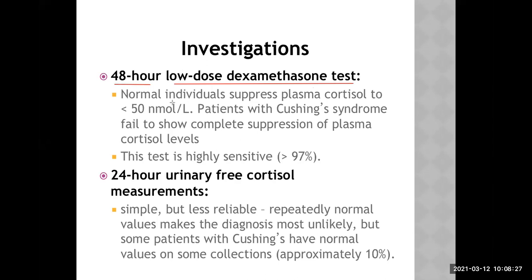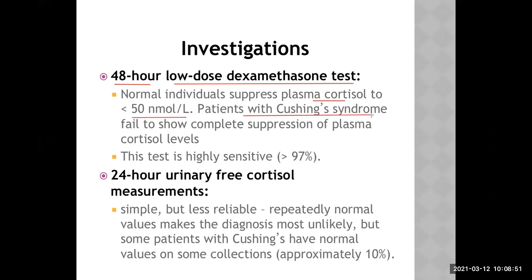Now, see here, a normal individual suppresses plasma cortisol to less than 50 nanomole per liter when we give dexamethasone, because it will suppress the hypothalamo-pituitary-adrenal axis. So plasma cortisol is very suppressed in normal people.